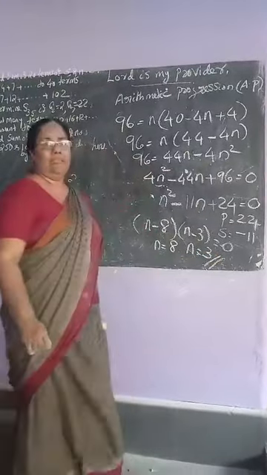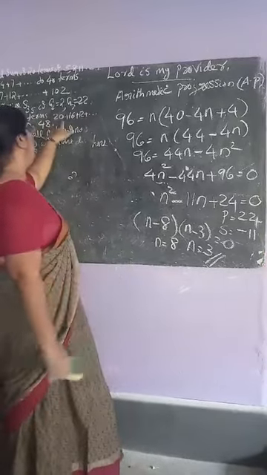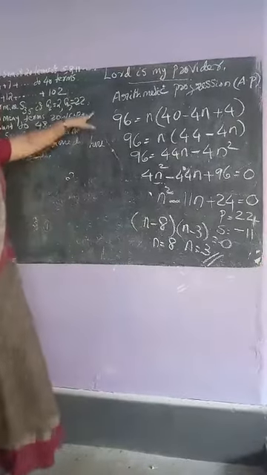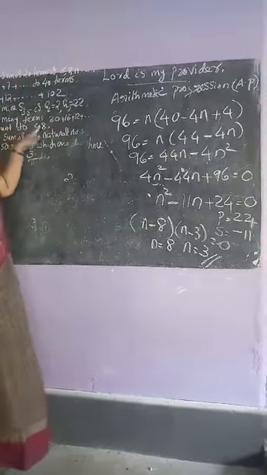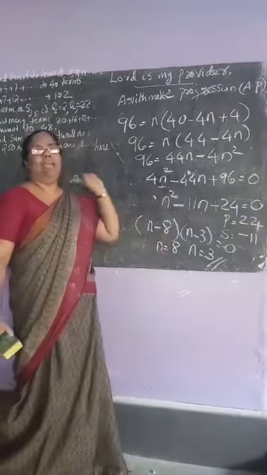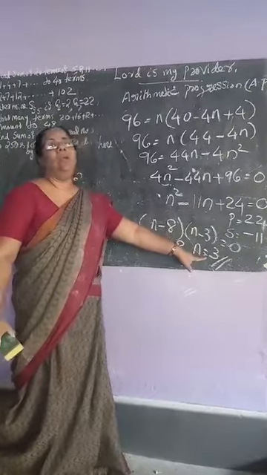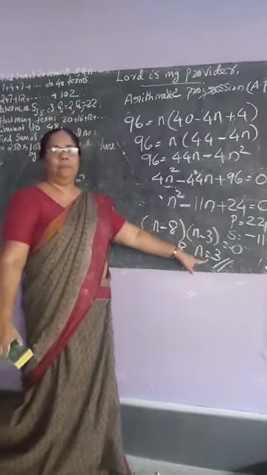This is double answer. Understand? Here, how many terms 20 plus 16 plus 12 plus etc. amount to 48 means if n is equal to 8, you will get the sum 48, or if n is equal to 3 also, you will get 48.